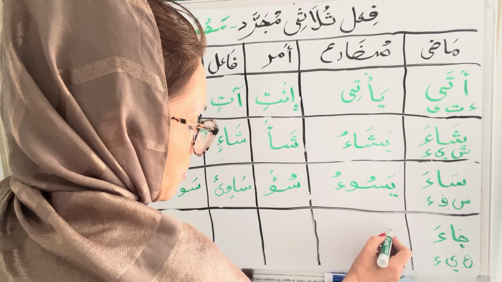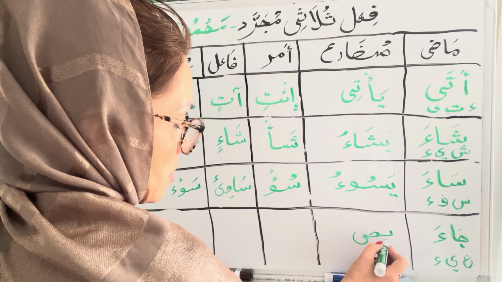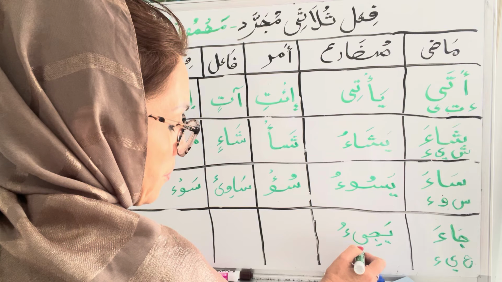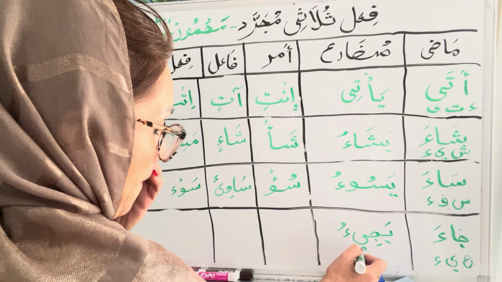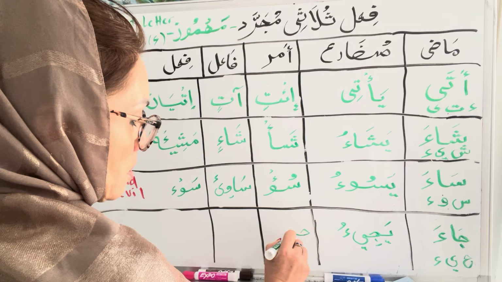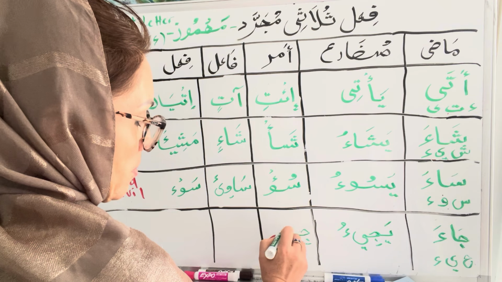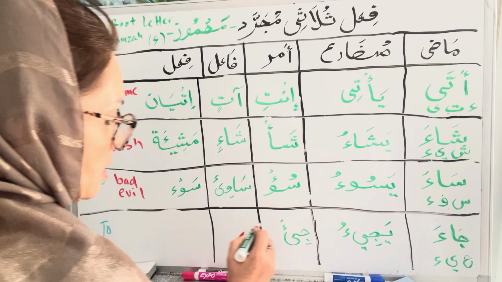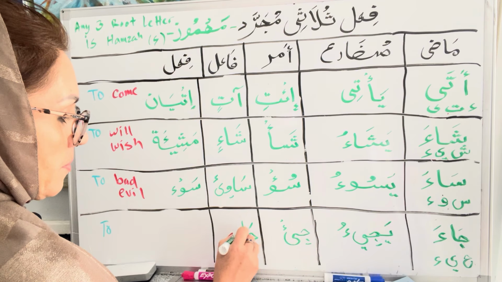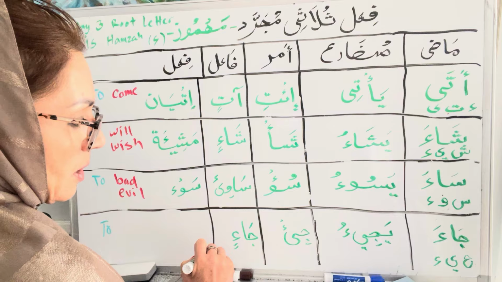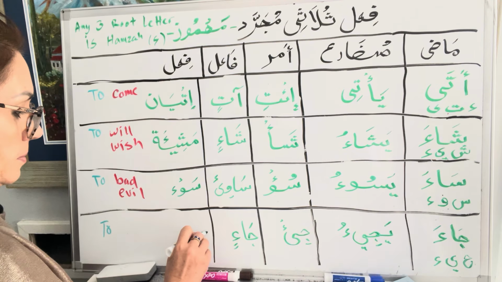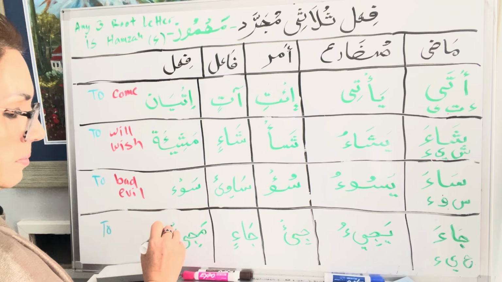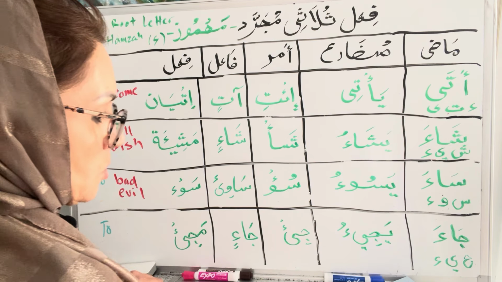Ja'a, yaji'u, ji, ja'in, and then maji. Okay, this means to come.